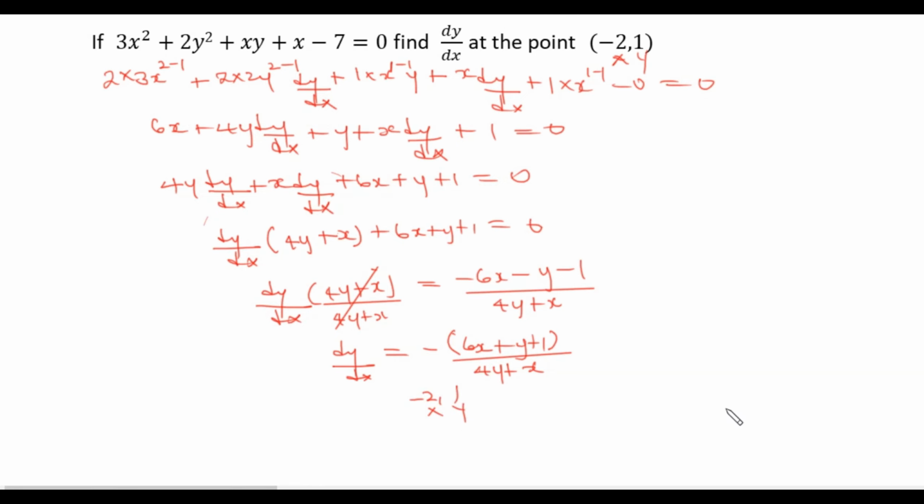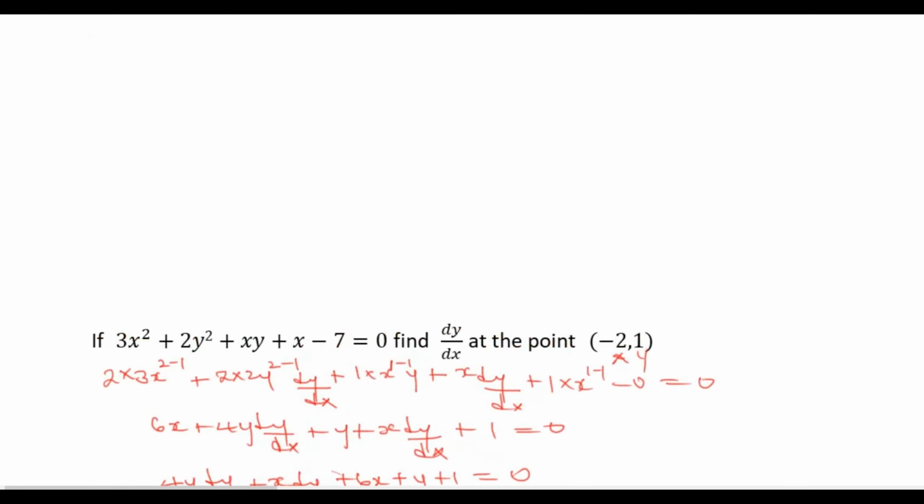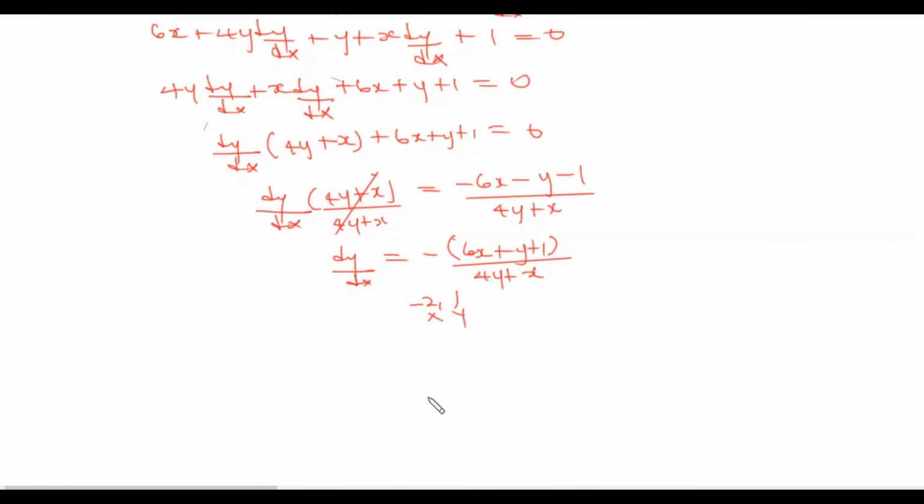So we substitute to find dy/dx. Write dy/dx is equal to minus, 6x with x as minus 2, and then plus 1, and then plus 1, all upon 4 times 1 plus minus 2.